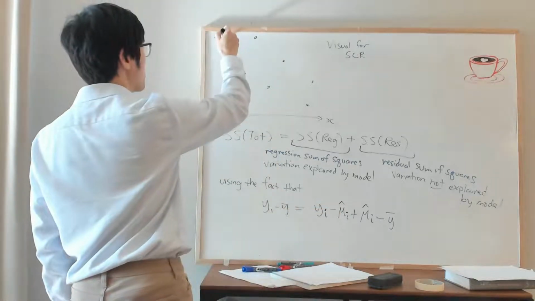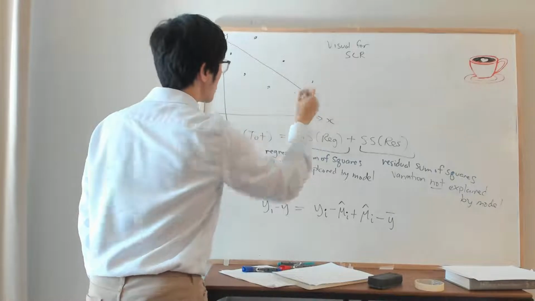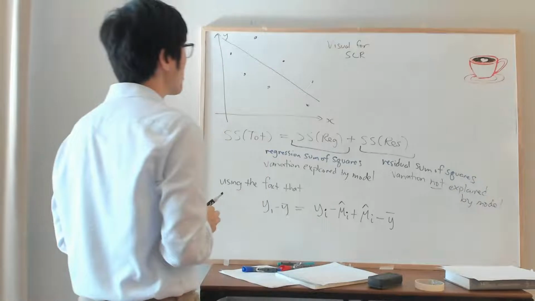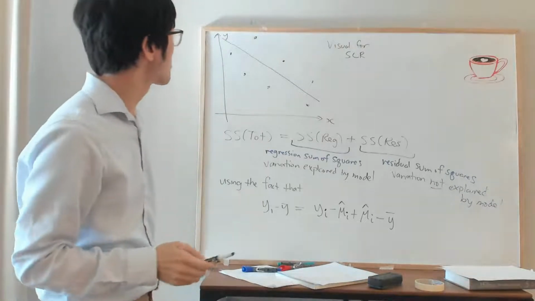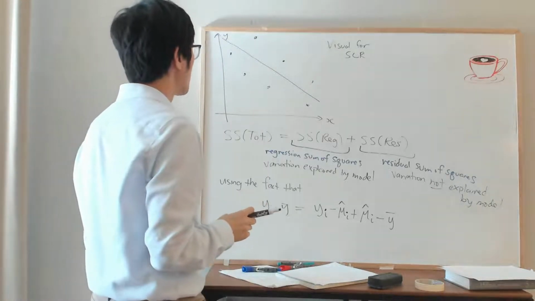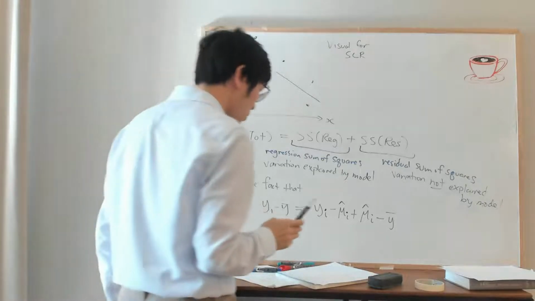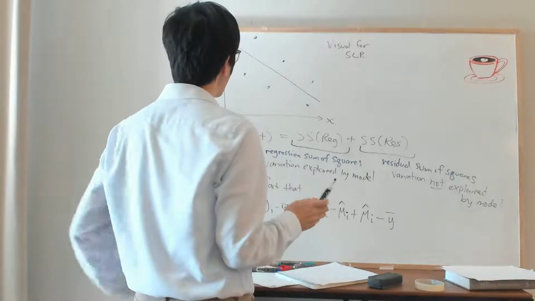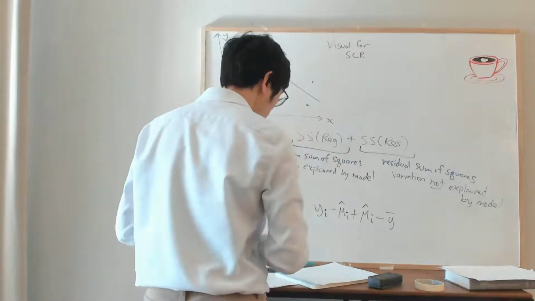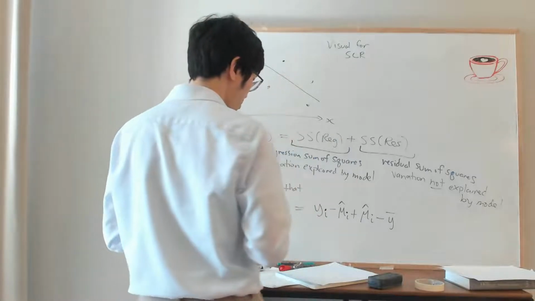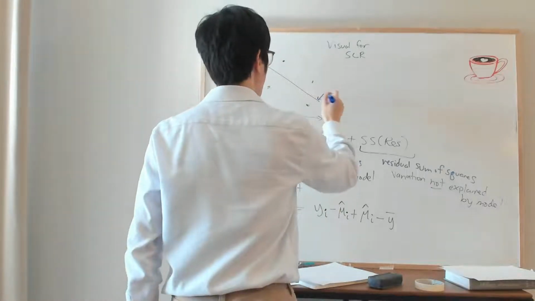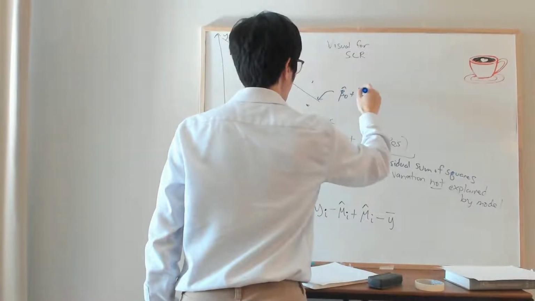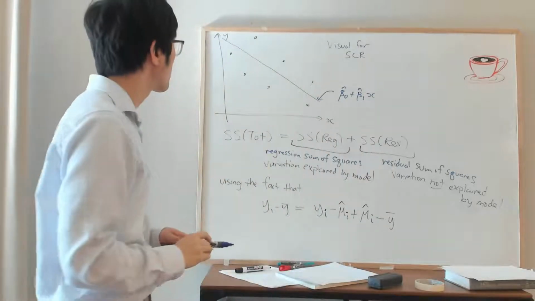This is roughly the simple linear regression line that would go through this data. So this is our regression line. The equation of this line is beta 0 hat plus beta 1 hat x. That's the line of best fit.